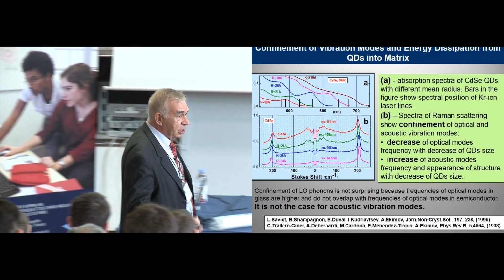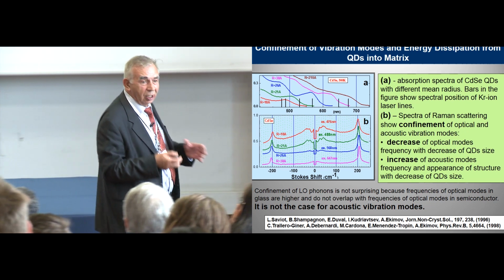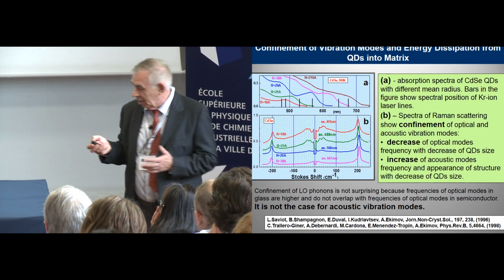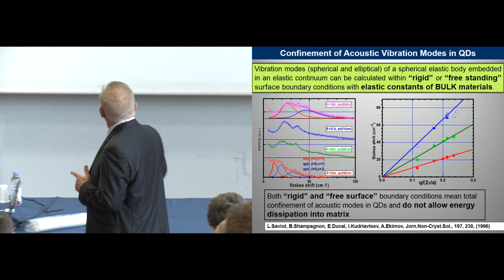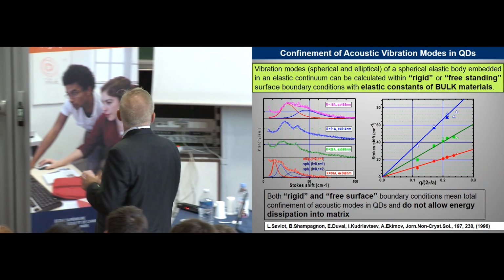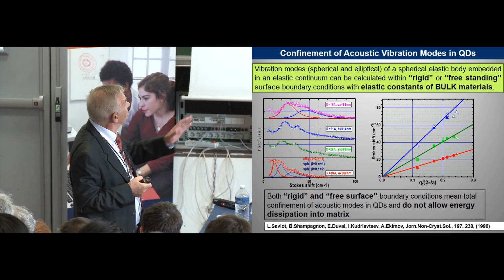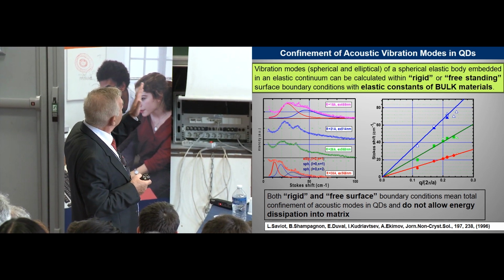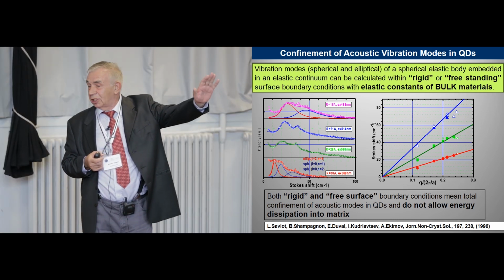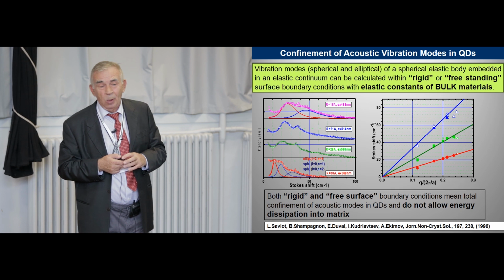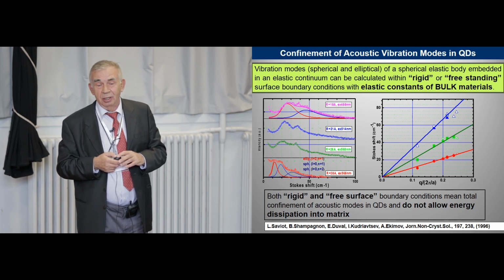Since Lamb's time, more than 100 years ago, the behavior of this kind of system is known, so I mean that the vibrational modes, spherical and elliptical vibrational modes of a spherical elastic body embedded in the elastic continuum, can be calculated within the rigid and free-standing boundary conditions with the use of elastic constants of bulk material.